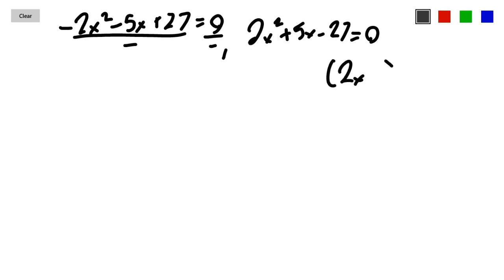So I've got 2x times x is equal to 0. And then for our factor pairs, I'm going to try 9 and 3. And notice that we don't have any sort of factor pairs that are going to work out for this.